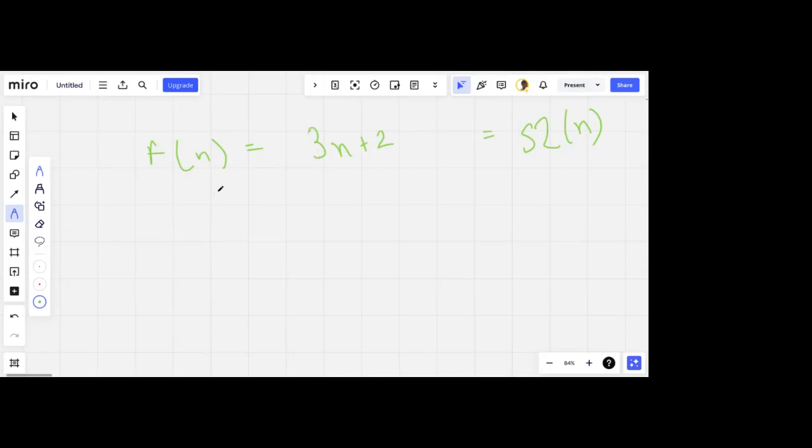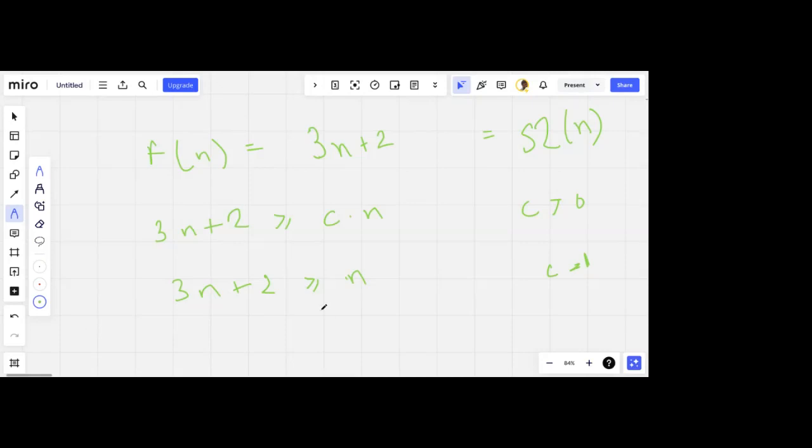Just see this. I just have to prove that 3n plus 2 is greater than or equal to c into n, for some c which is greater than 0, right? So guys, if I take c equal to 1, then don't you think 3n plus 2 is always greater than or equal to n? This will always be the case, right?